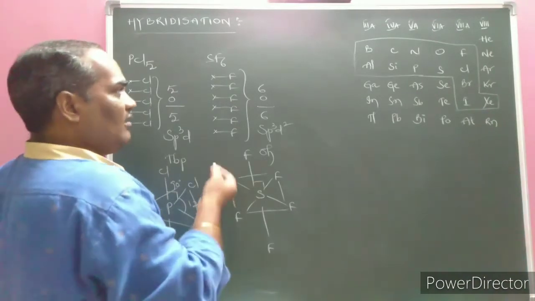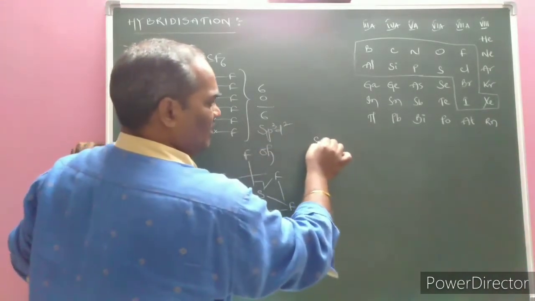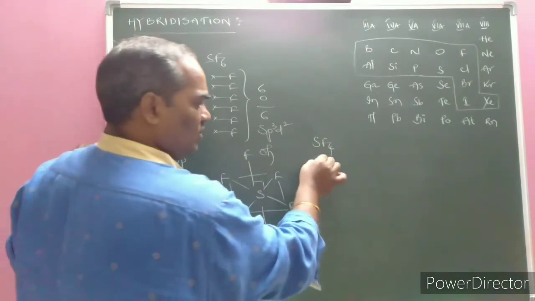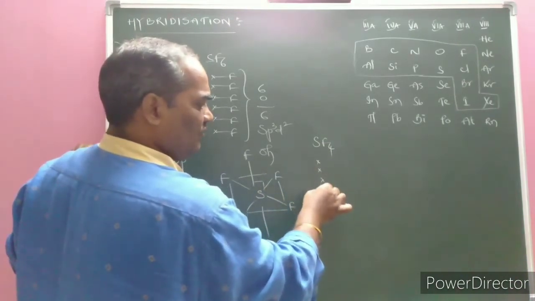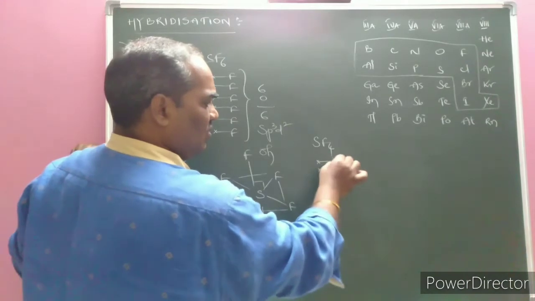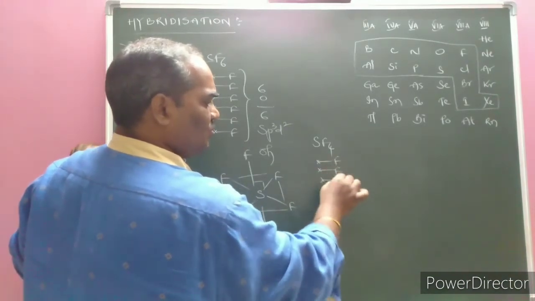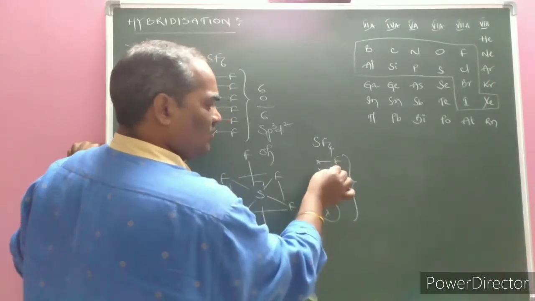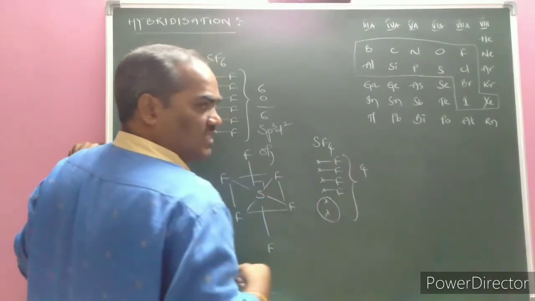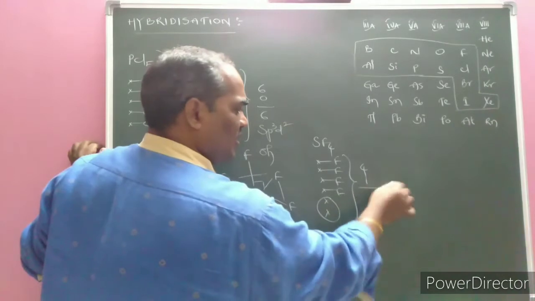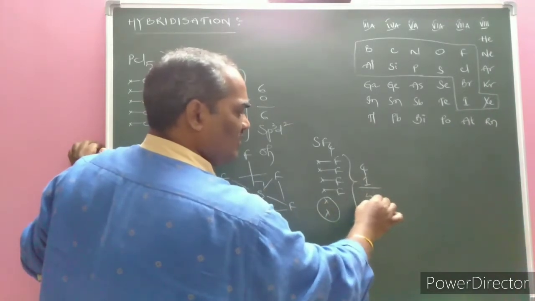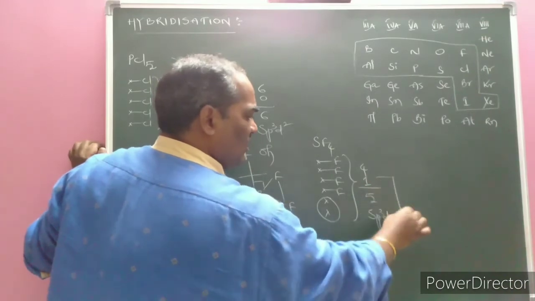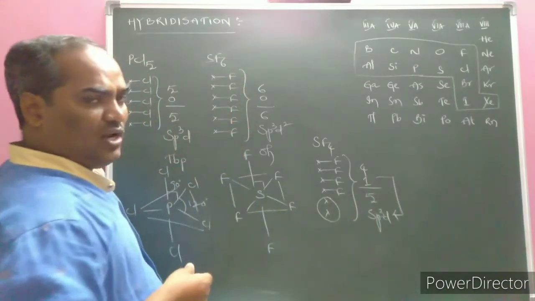Next one. Under this category, for example, if SF4 is given, work out: 1, 2, 3, 4, 5, 6 is given. 1 fluorine atom, 2, 3, 4 is there, and 1 lone pair of electrons. 4 is the sigma bonds and 1 is the lone pair. Total becomes what? 4 plus 1 is 5, sp3d hybridization. In sp3d hybridization, 1 lone pair is there.